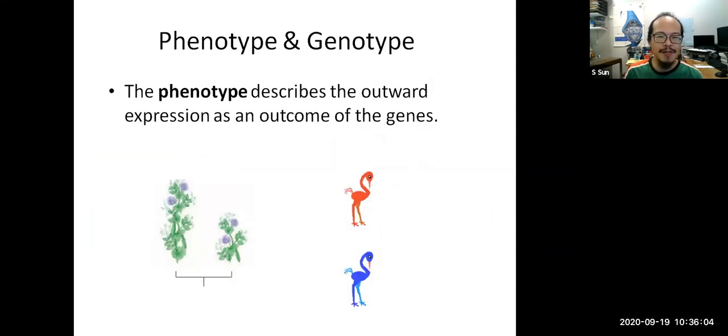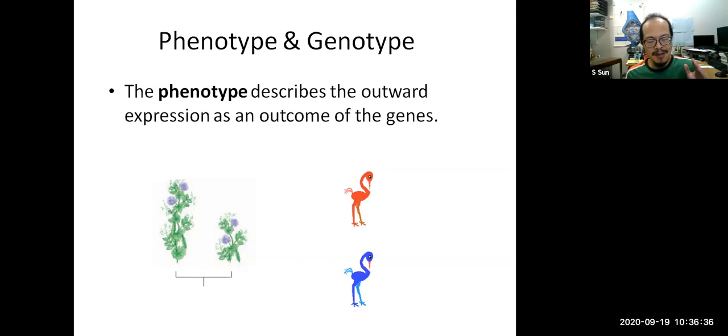So what he observed, or what we observe, is the expression that you can see. We call it a phenotype. When we see a tall plant or a short plant, that's a phenotype. We see a red bird, a blue bird, that's a phenotype. And these different phenotypes are called a trait.